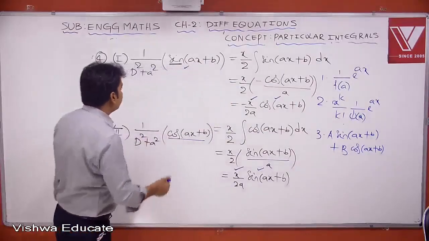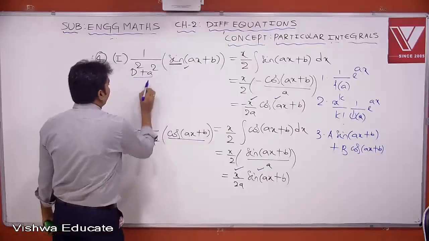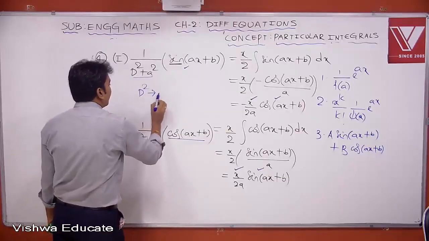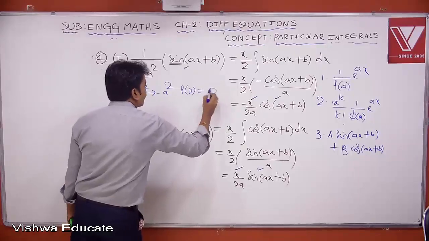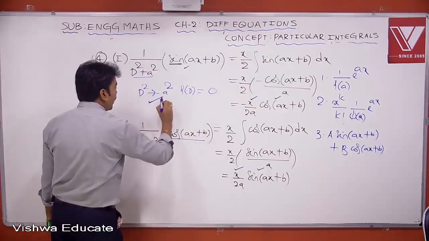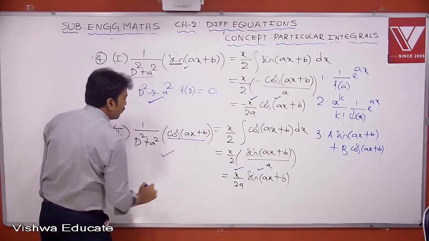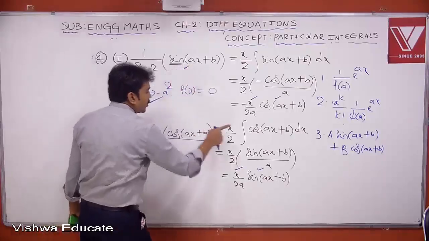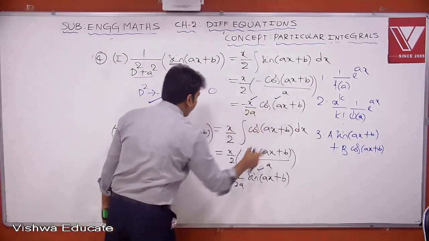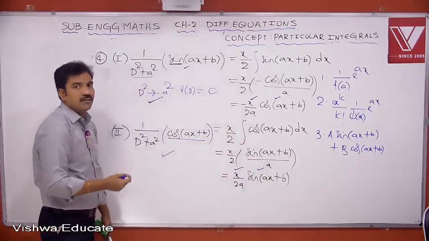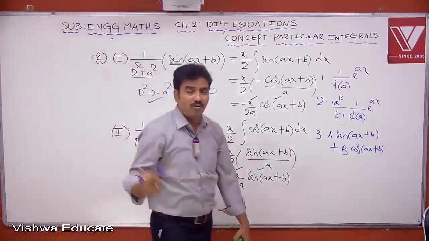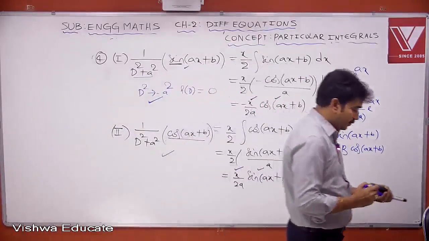Now, in case 4, when d square is replaced by minus a square, the denominator is getting 0. So f of d equals 0 when d square is replaced by minus a square. In that case, the sine function becomes a variable multiple of cos and the cos function becomes a variable multiple of sine. Okay, so write down this formula.